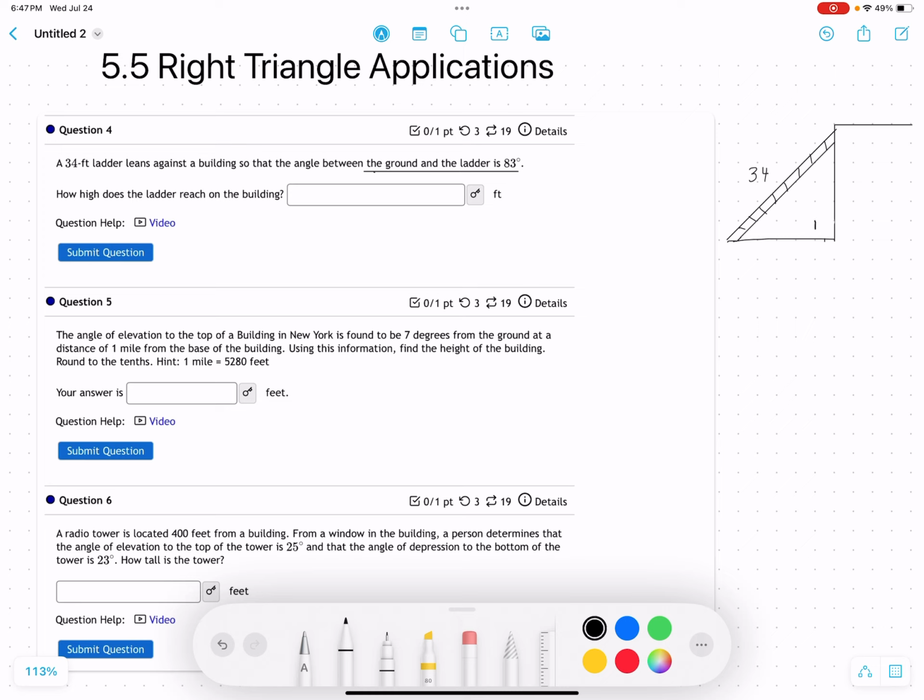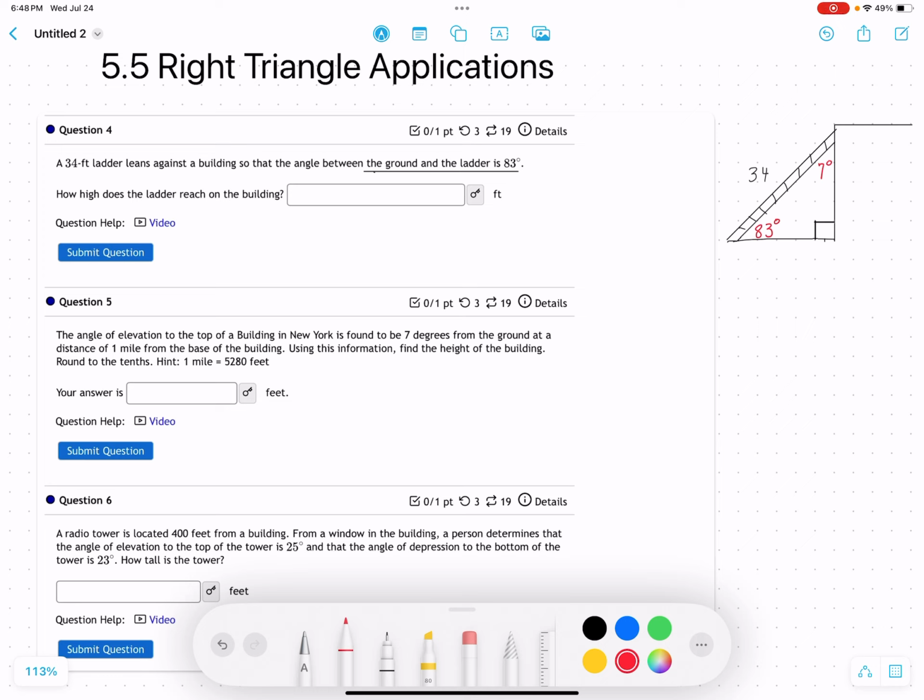I'm always thinking first about what my right angles are. So there's that. And the angle between the ground and the ladder is 83 degrees. So this angle is 83 degrees. Basically, that means that this angle up here is 7 degrees because 83 plus 7 is 90, plus another 90 would be 180 degrees.